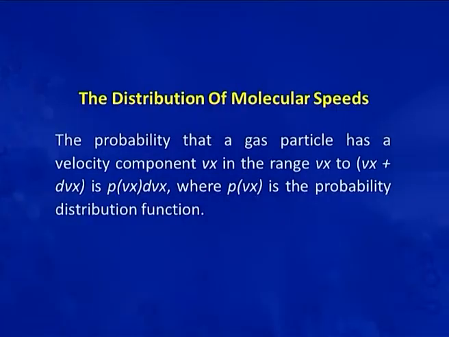The probability that a gas particle has velocity component Vx in the range Vx to Vx plus dVx is P(Vx) dVx, where P(Vx) is the probability distribution function.